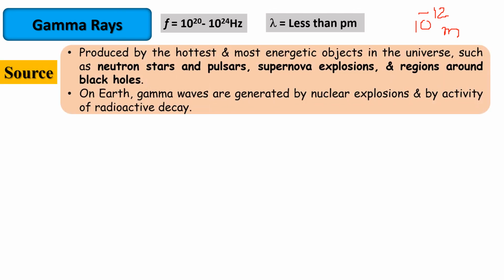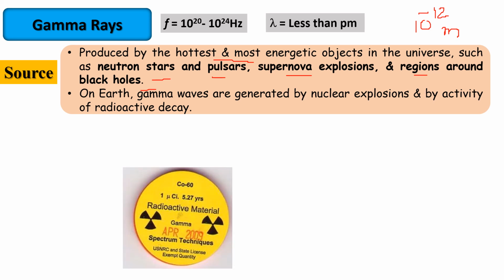Now gamma rays, the obvious natural source is space, the universe, where neutron stars and pulsars, supernova explosions, and the region around black holes produce a tremendous amount of radiation that is hot and most energetic. While on the earth we can have them radiated by radioactive elements.